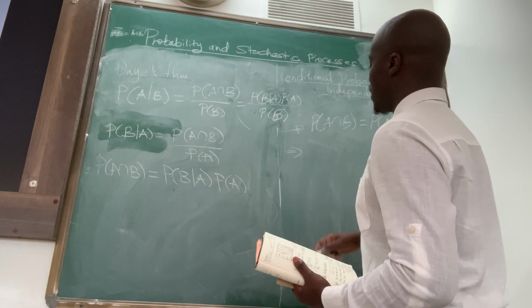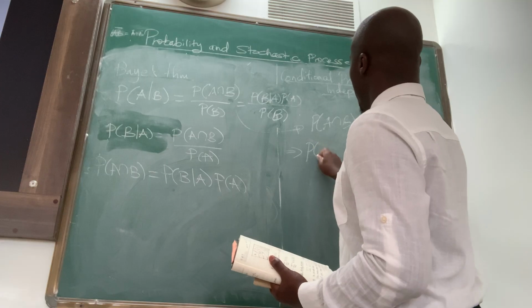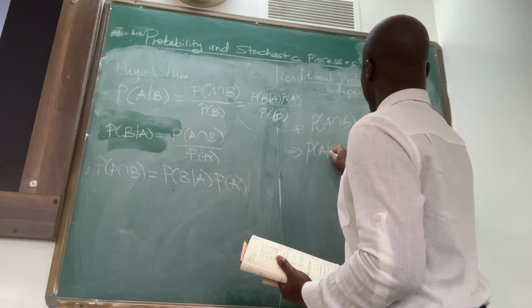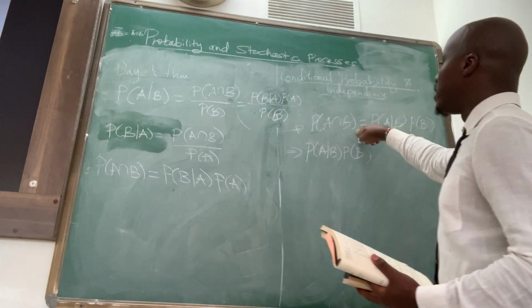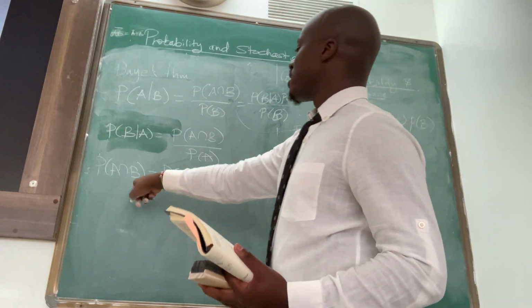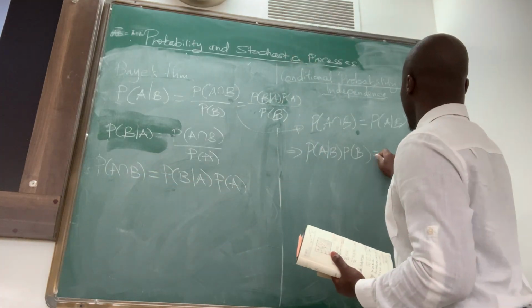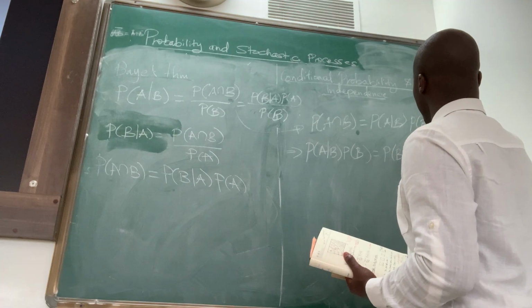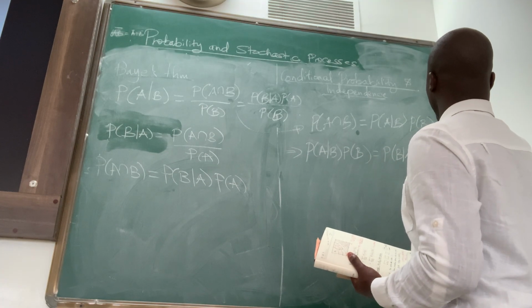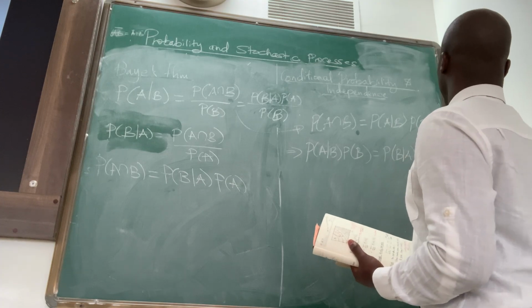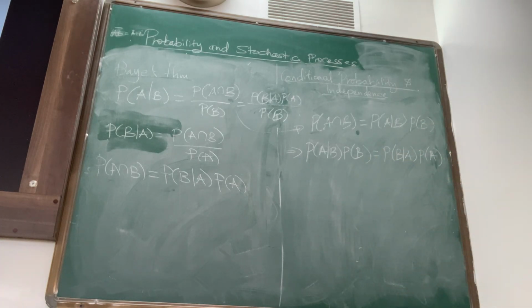It implies that probability of A given B times probability of B, which is just probability of A intersection B, is the same as this one here. So it's equal to probability of B given A times probability of A. So those two are the same. That's conditional probability.